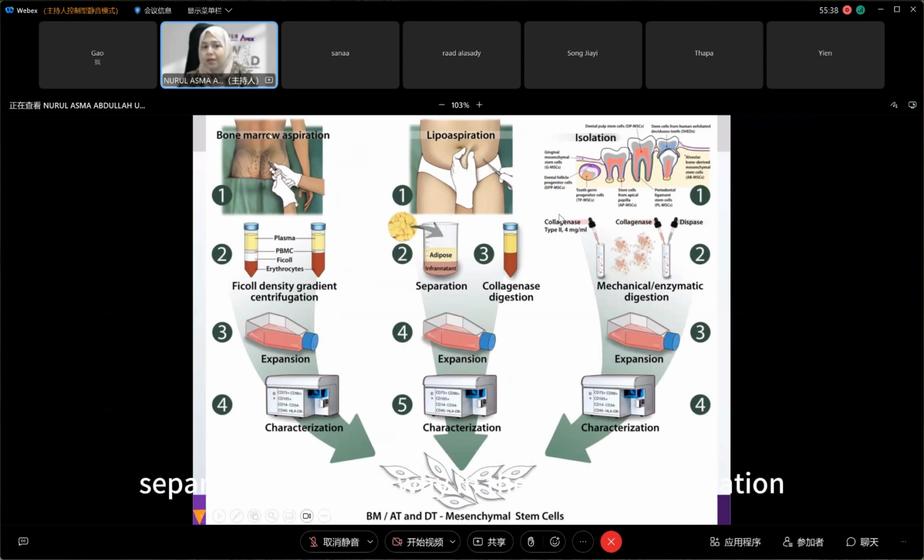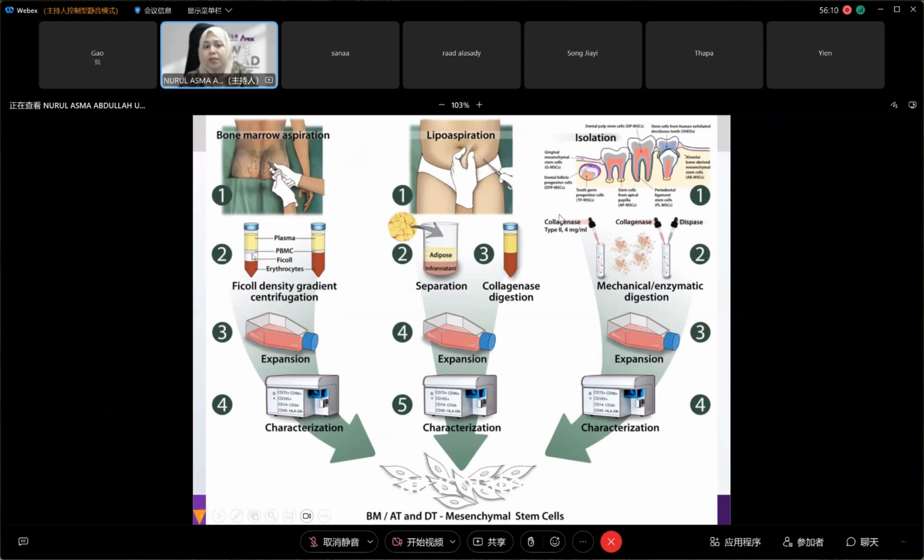So that's why in bone marrow aspiration, there is no collagenase or enzymatic procedure, but you just need to do the separation using Ficoll. If you have learned immunology before, from the peripheral blood mononuclear cells, you can separate them from the red blood cells or erythrocytes by using Ficoll with constant centrifugation.